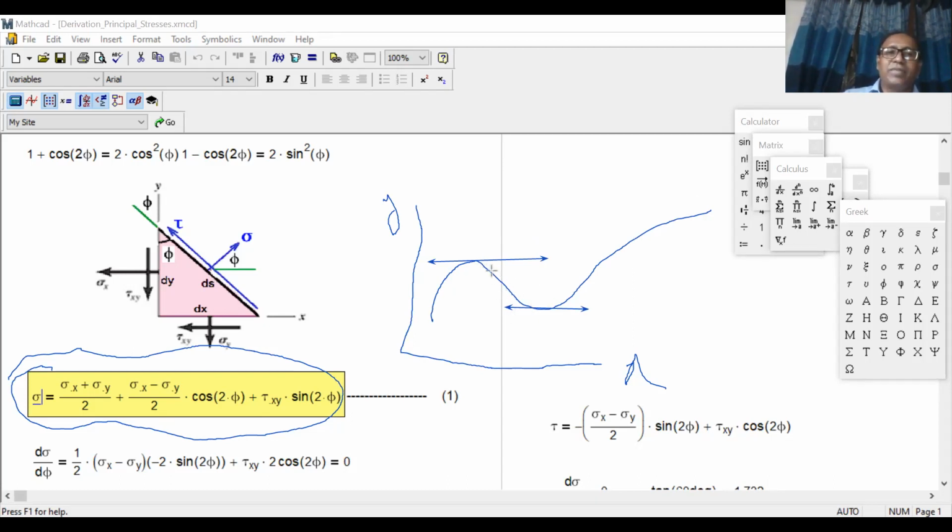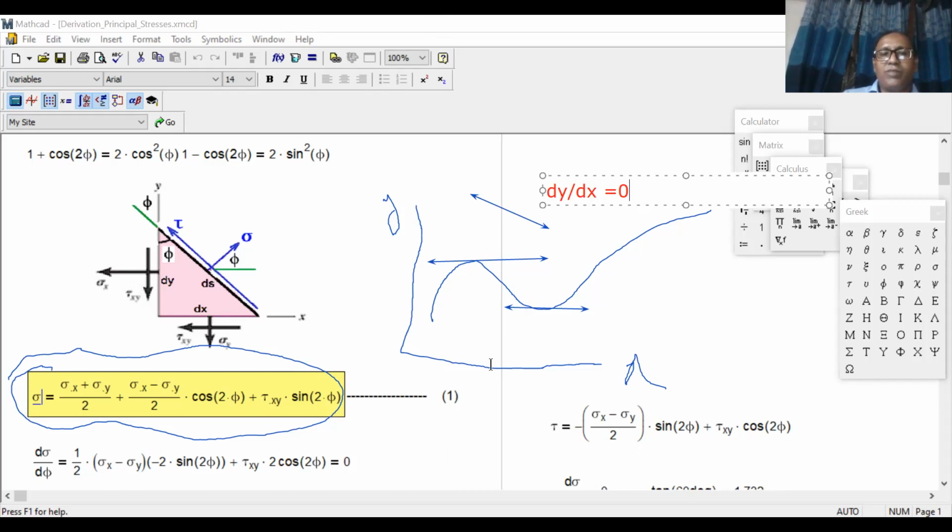So at this point, slope is 0. Slope 0 means dy by dx equals 0 right over here. If slope is 0, then at that point our y value is maximum. Over here you see the y value is maximum and the slope is 0.